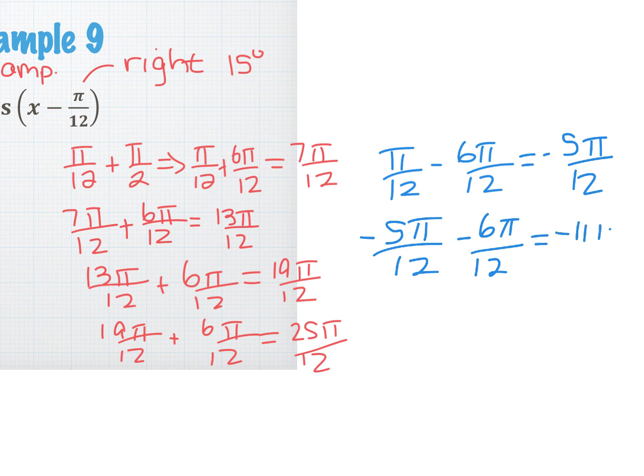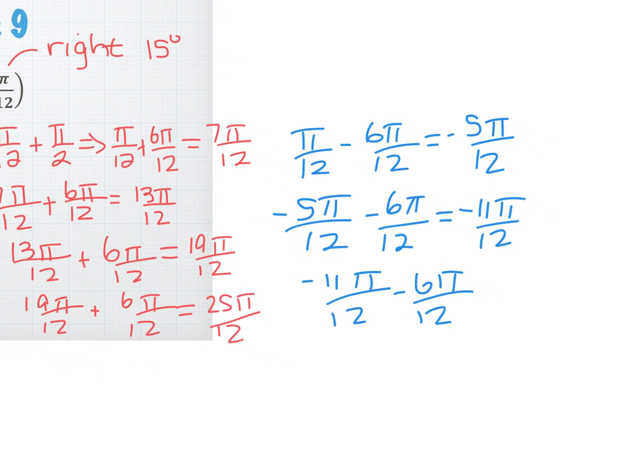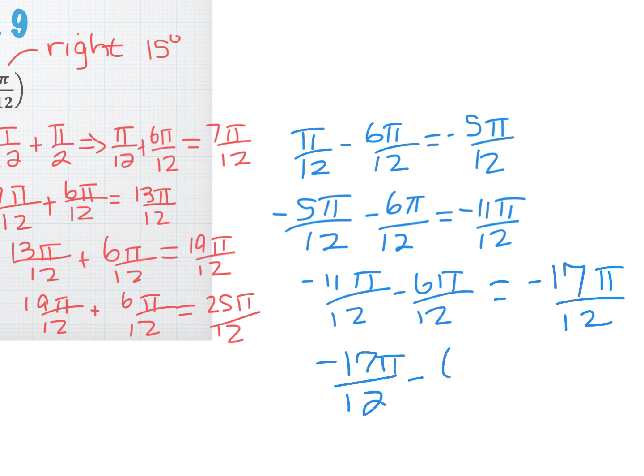So negative 11 pi over 12. Take that answer, subtract it again, negative 17 pi over 12. Do it one more time. I need 4 of them. And I get negative 23 pi over 12.